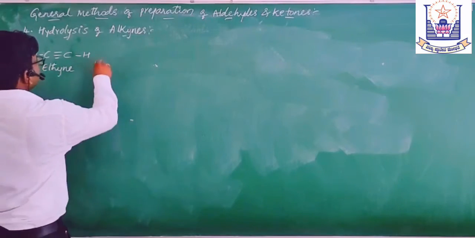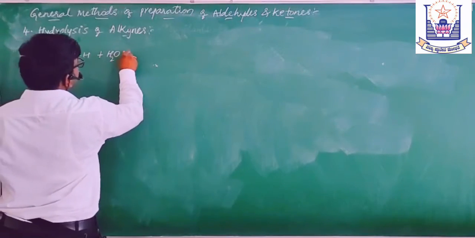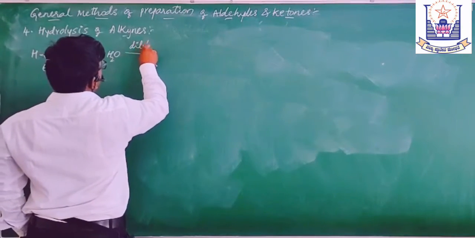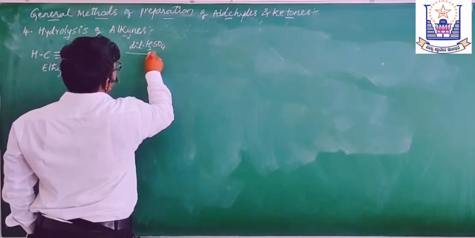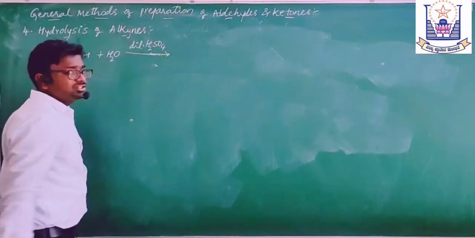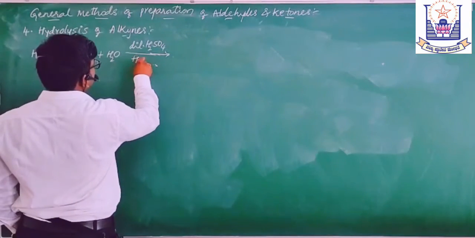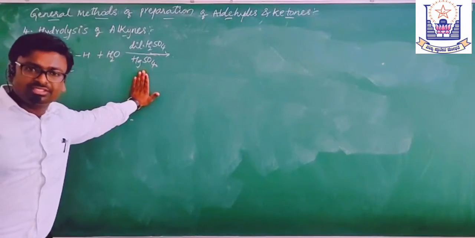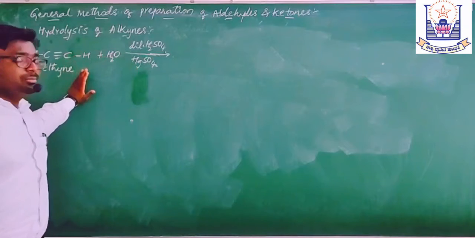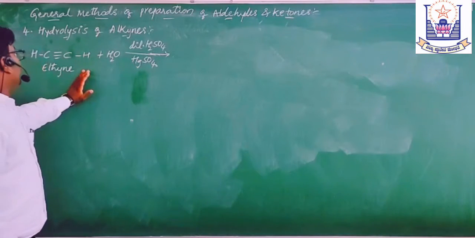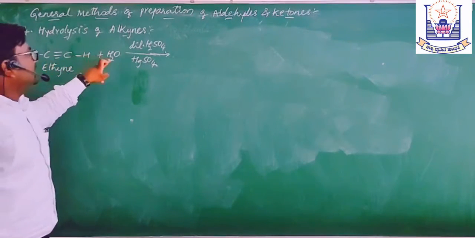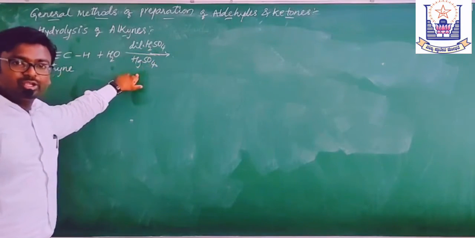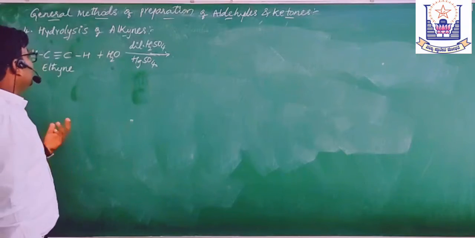When H2O is added in the presence of dilute sulfuric acid and in the presence of mercuric sulfate, HgSO4, which is a must to get the products, you will get an enol.